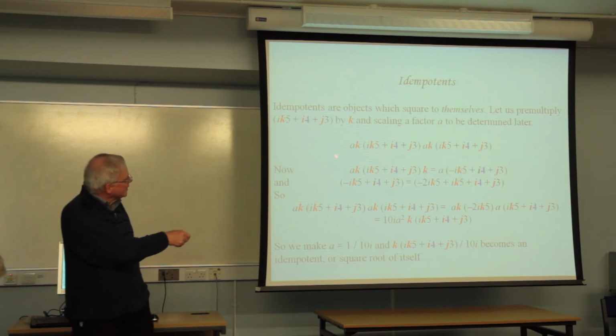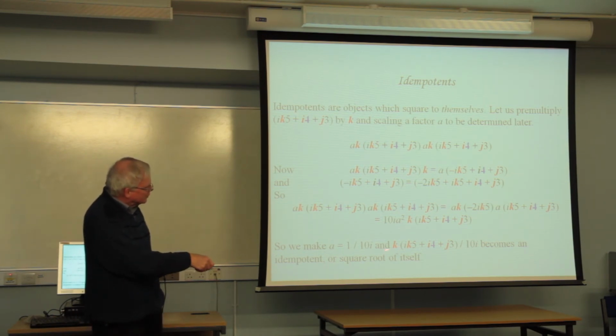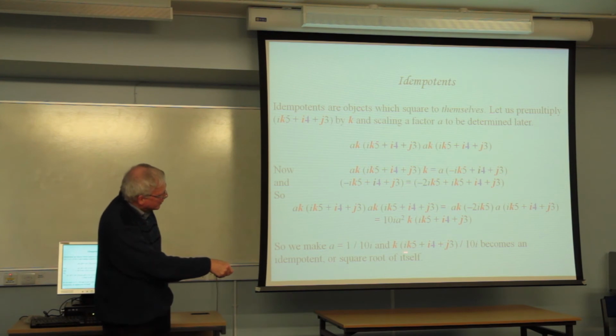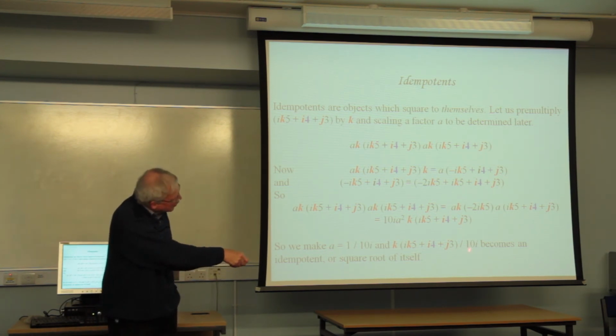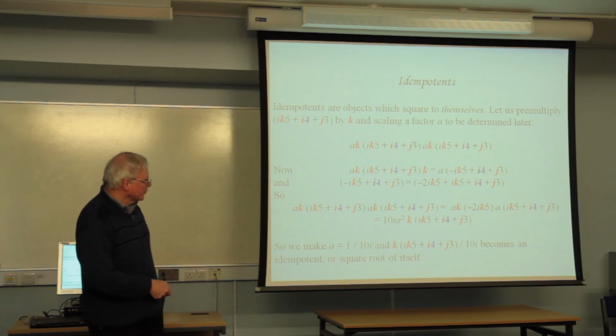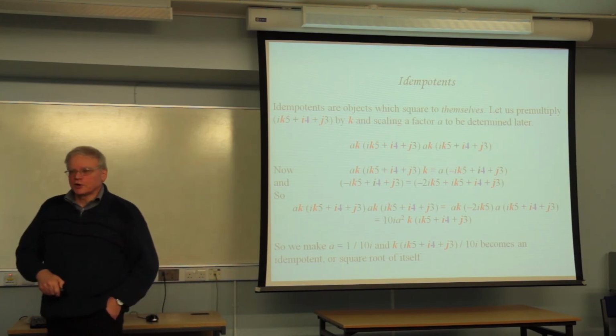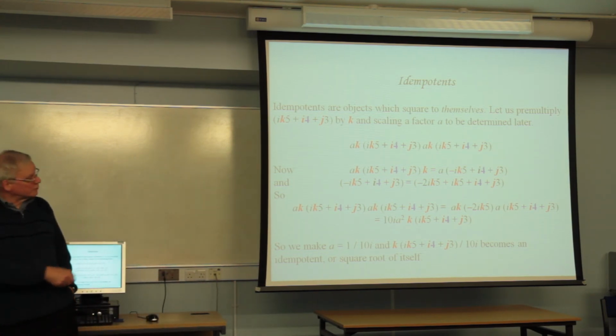And if I've given that is a nilpotent, I can make that into an idempotent by multiplying it by k in front and dividing by the square root of 10i. And you can do that as an exercise afterwards to work out that it just produces itself. I'm just showing how to do it.